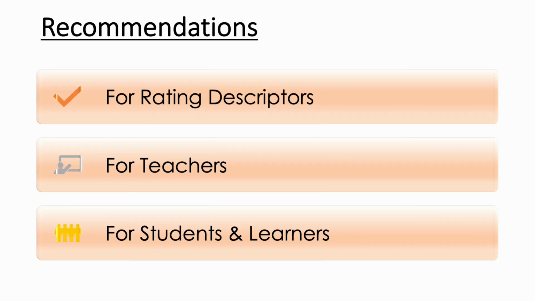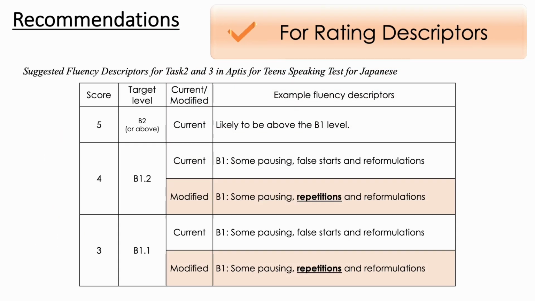I believe this research will contribute mainly to rating descriptors, affecting teachers and learners directly. I'll summarize practical recommendations based on the study findings. The results are expected to lead to the development of rating criteria and modification.